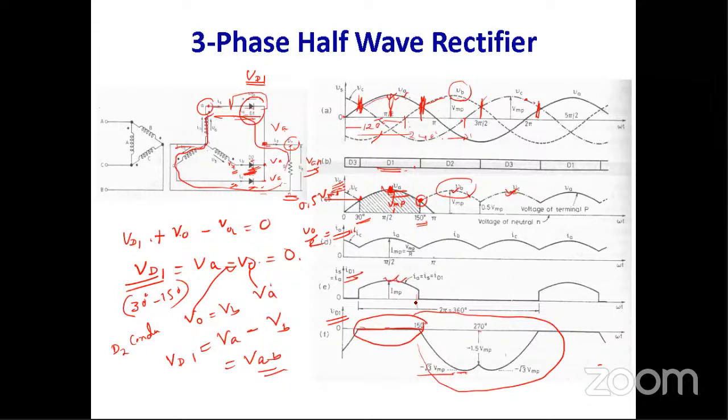Otherwise, when diodes D2 and D3 are conducting, D1 is in reverse bias, and the current flowing through the diode D1 is equal to 0. So in that way you have to represent the different waveforms.